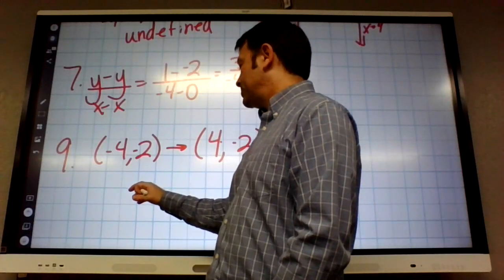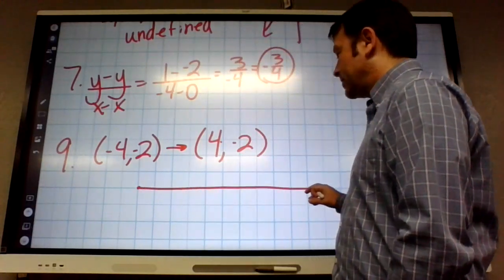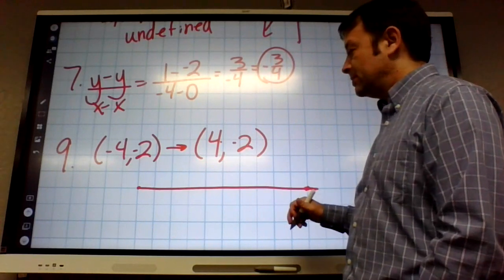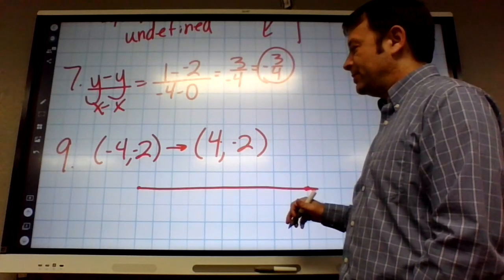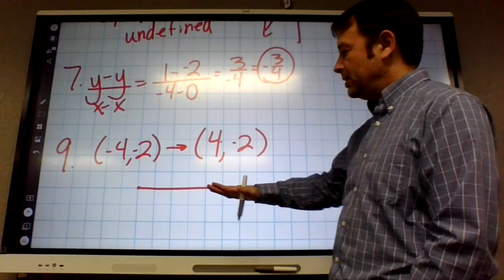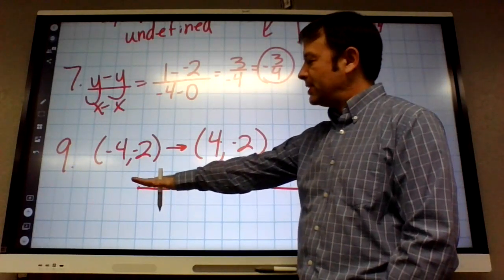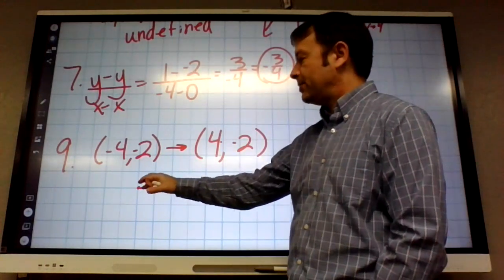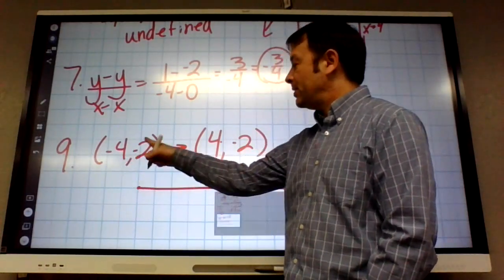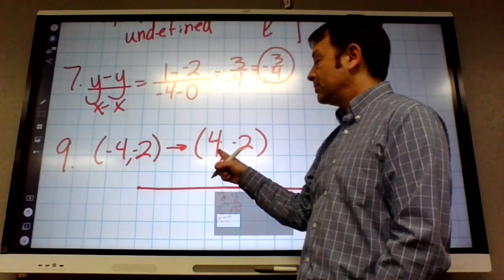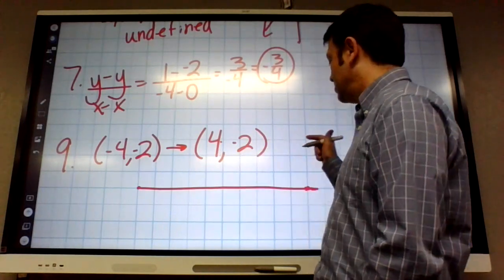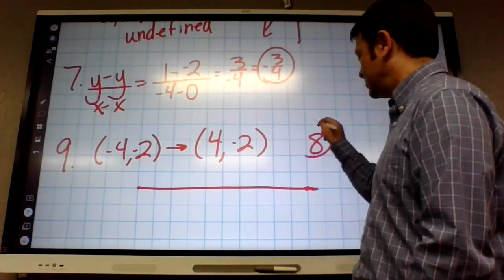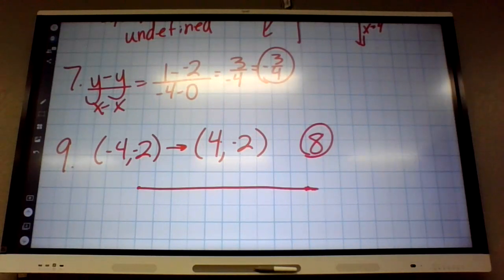If you look at the picture, it looks like that, right? So how could we find the length? Since it's on the same y value, it's just a straight line across, so we could just count the units. How far is it from negative 4 to positive 4? 8. So you don't have to do the distance formula on this one. It's just going to be 8 long.